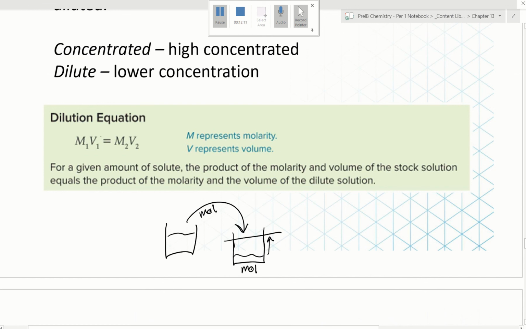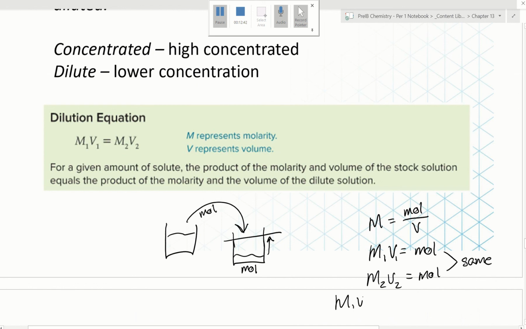So when we take molarity times volume, so if I say molarity is moles over volume, if I rearrange this equation and I say molarity times volume equals moles, well, if the number of moles are the same between condition 1 and condition 2, if these are the same value, then any two things that are equal to the same thing are also equal to each other.